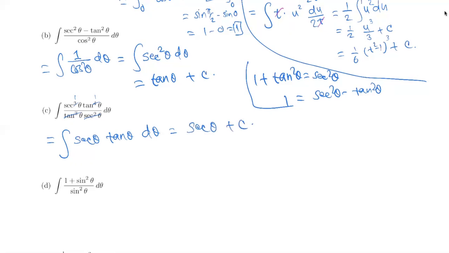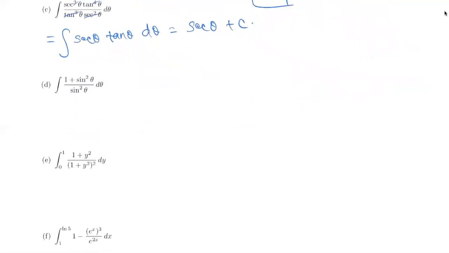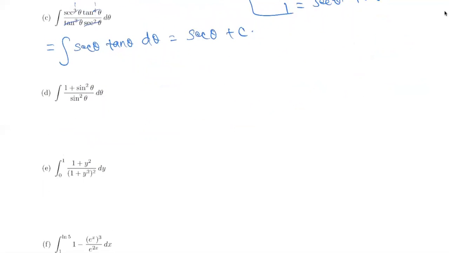Part D: (1 plus sine squared theta) over sine squared theta. Again a fraction, similar to the previous. Do we have a formula for 1 plus sine squared theta? We have sine squared plus cosine squared equals 1, and we can subtract sine squared from both sides.